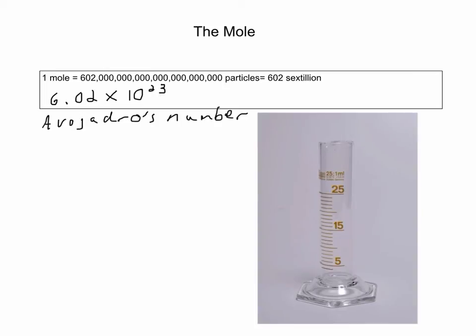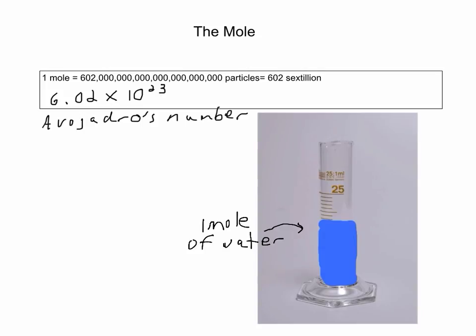Here is a graduated cylinder, and I fill it with 18 milliliters of water, so that would be up to here. And it turns out that this 18 milliliters of water is 1 mole of water. 18 milliliters we think of as a tiny amount of water, but it's really 1 mole.